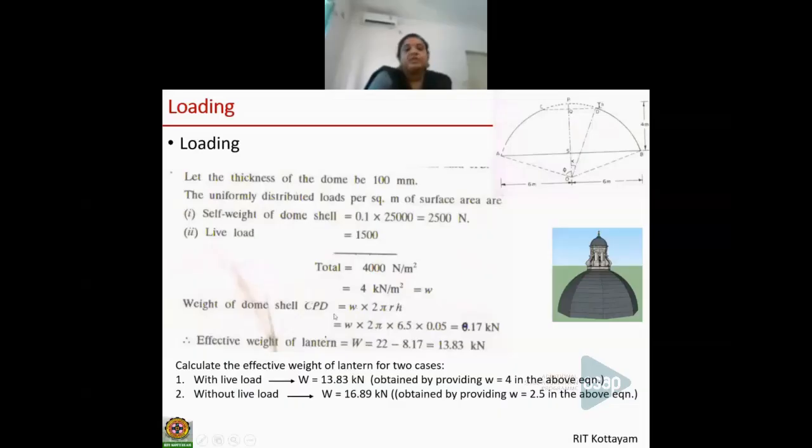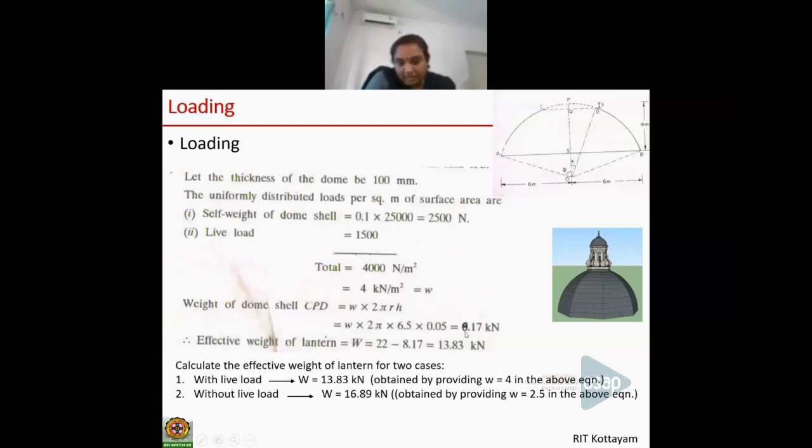That is multiplied by this W, whatever it is. So once we consider the with live load, you should take W as 4 because 2.5 plus 1.5 is 4, right? And then you have to calculate the weight of the lantern. Capital W is the effective weight of lantern, as 22, the load that we actually apply, minus the weight of the dome shell, CPD.